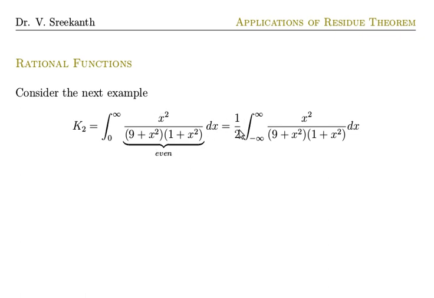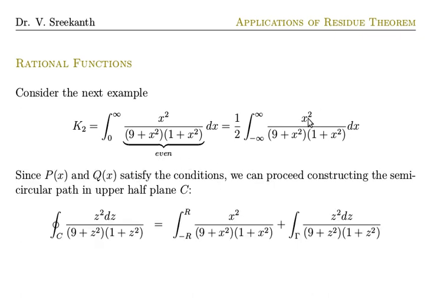So you can write it as 1 by 2 times the integral from minus infinity to infinity of x square by 9 plus x square into 1 plus x square dx. This is in the form that we know. Since this integrand is an even function, you can always write it like this. So this is what I said: minus infinity to infinity integrals and 0 to infinity integrals for even functions can be handled in this manner.